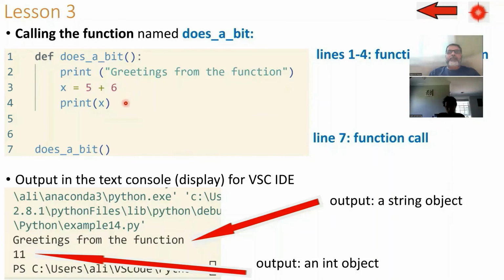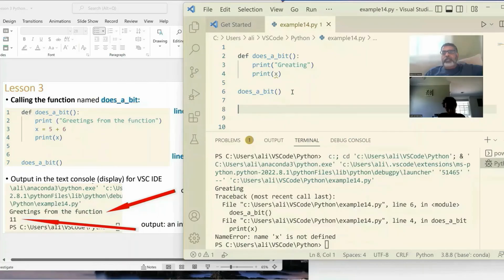And then when the compiler comes to print X, that's why X now has a value 11. Because this statement is returning that. If this statement was missing, this function would not work. So when the compiler comes, it says, okay, this is the function, remembers it. Then it comes to the function call.